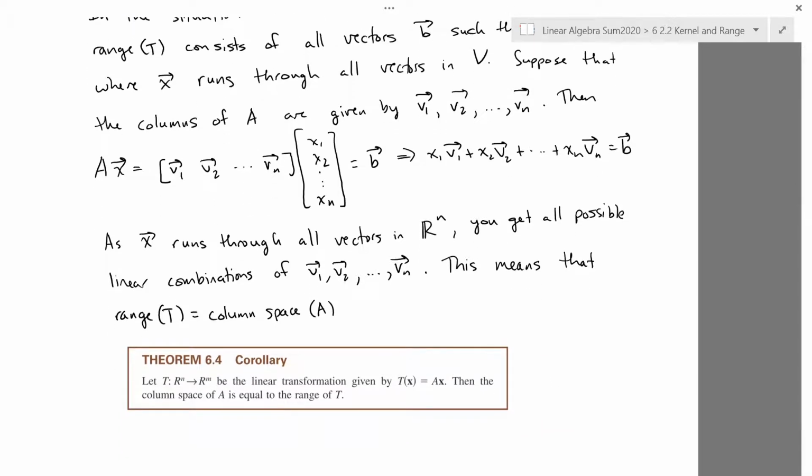This gives us a way to easily determine the range of a linear transformation whenever it's given by a matrix. It's just the same as the column space of the matrix.